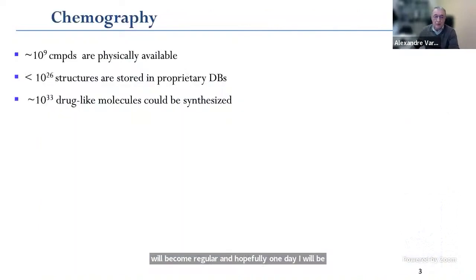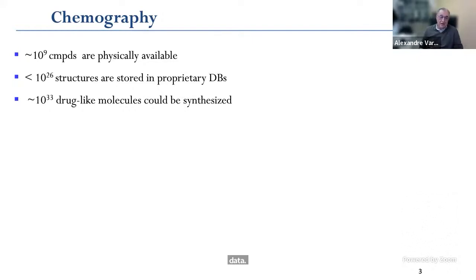Okay, anyway, coming back to my talk, to chemography. I would like to start: chemography is a tool for big data analysis, and chemistry generates a lot of data. Some 10^9 compounds are physically available.